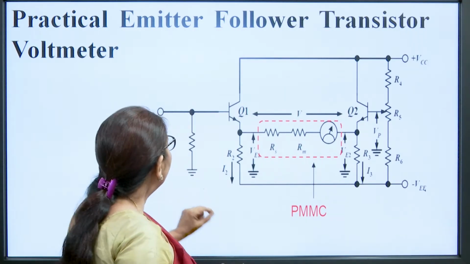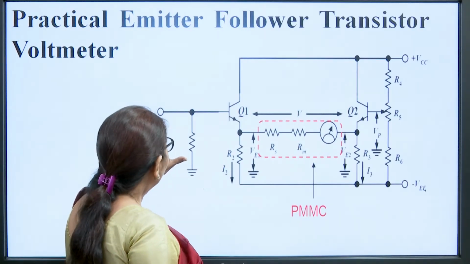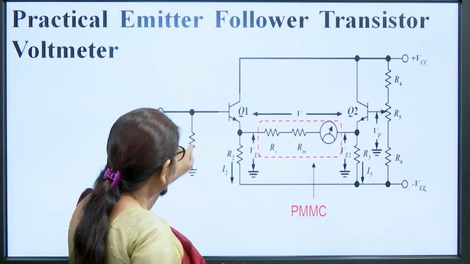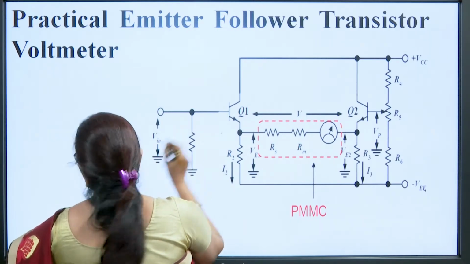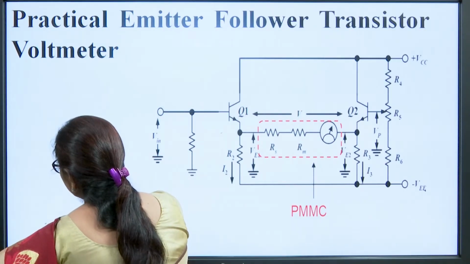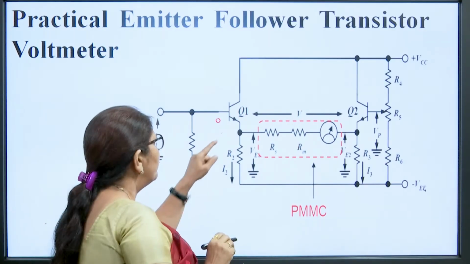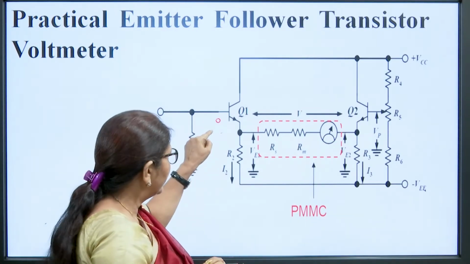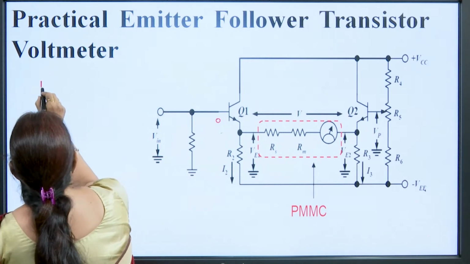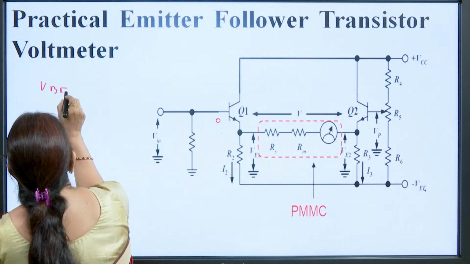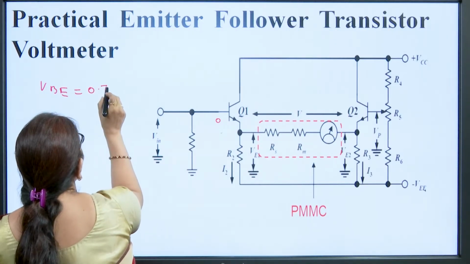Without applying any input, since this terminal is grounded, the voltage at this point is 0 volt. So, the base of this Q1 transistor is at 0 volt. We know that VBE, the base to emitter voltage of a transistor, is 0.7 volt if it is a silicon transistor.